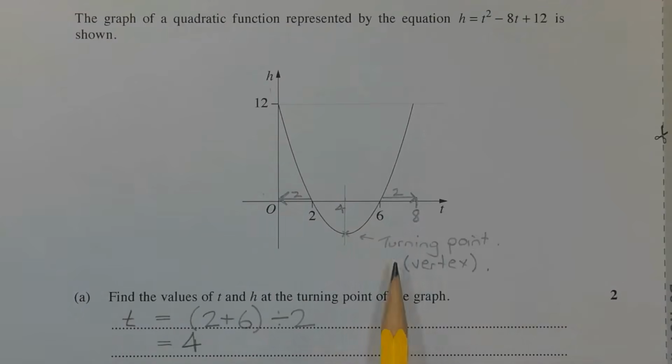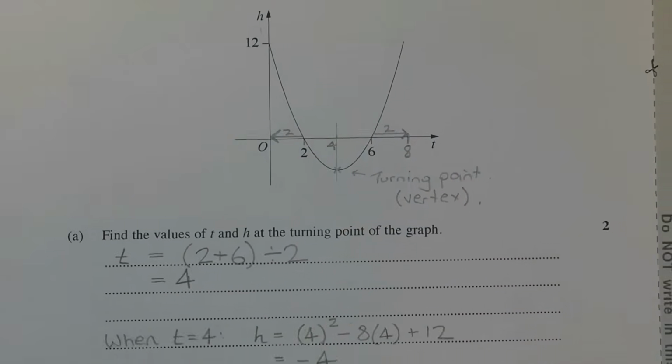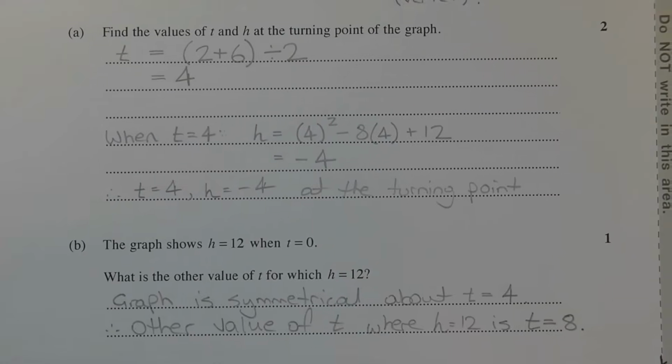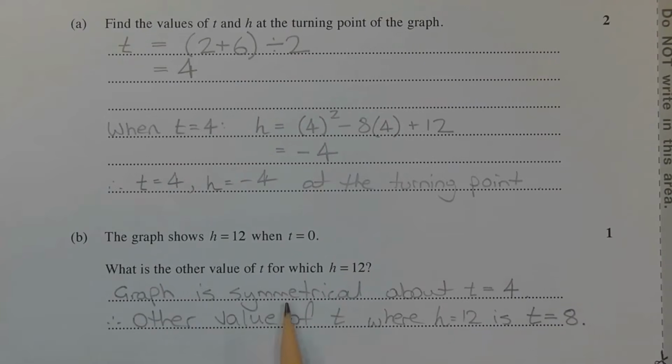So going the other way, from t equals 6, moving to the right another 2 units, so 6 plus 2 gives us 8, or t equals 8, the value of h here is identical to this value here. It's at the same height, so h is equal to 12. So to sum up, the graph is symmetrical about t equals 4. Therefore, the other value of t where h is equal to 12 is t equals 8.